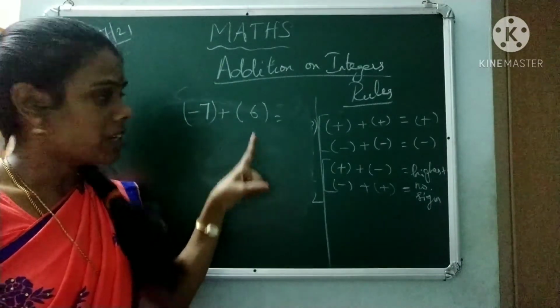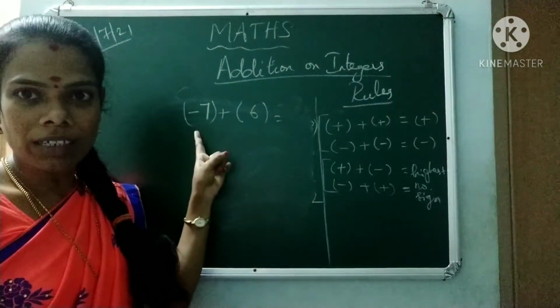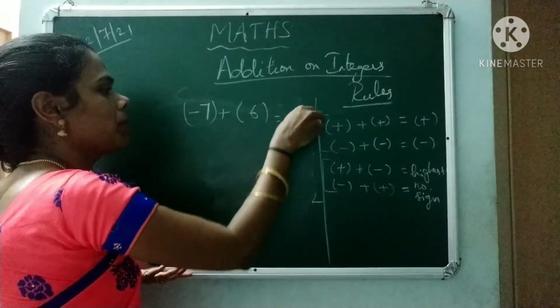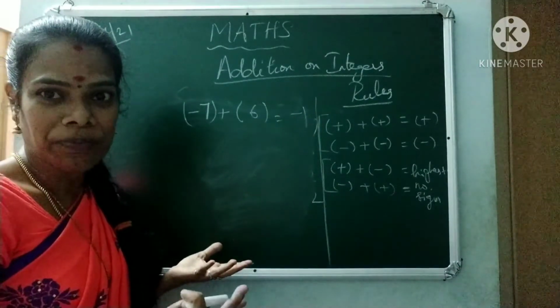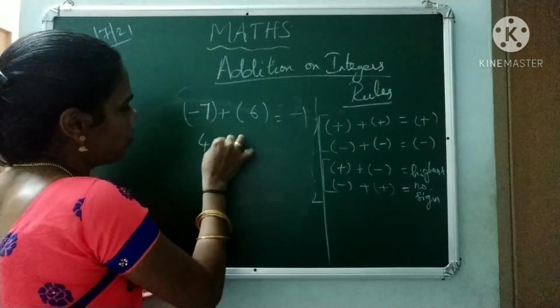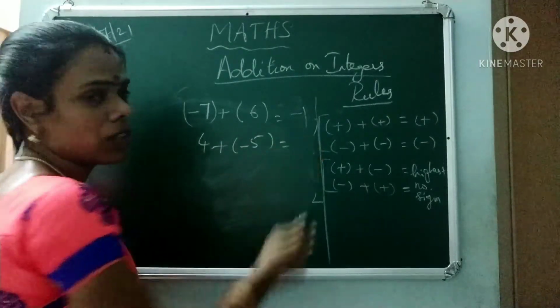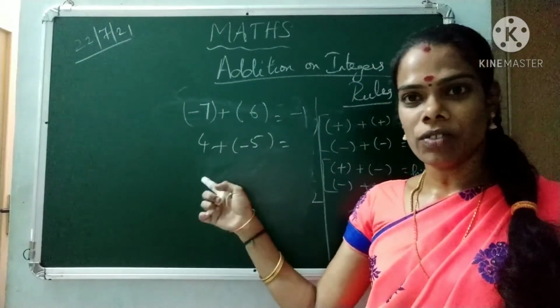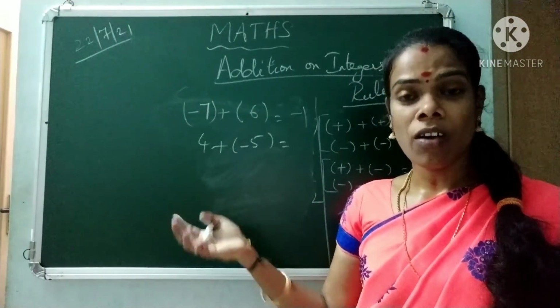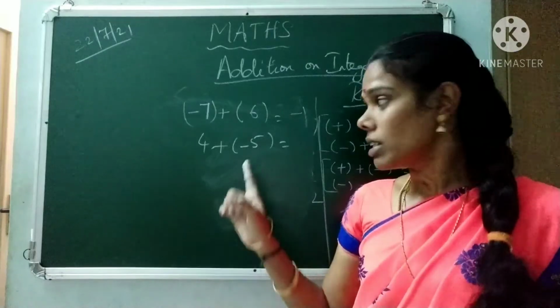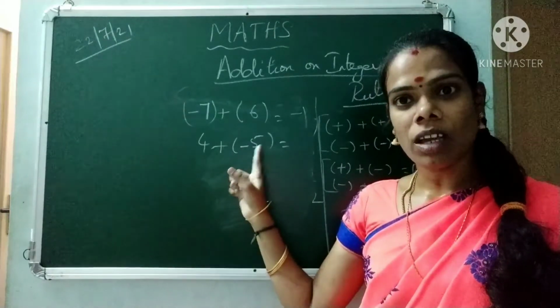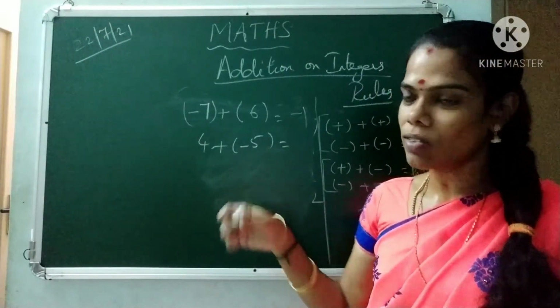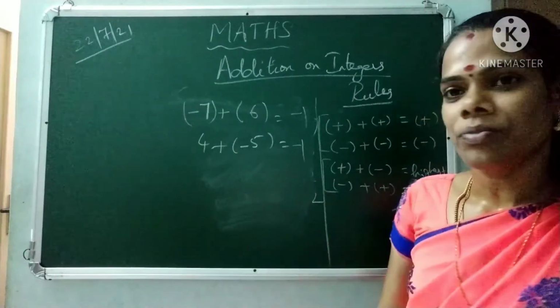Here the highest number is minus, so your answer is minus 1. Very easy. Next, if you are taking 4 plus minus 5, what is your answer? Look, they are different signs, so take subtraction: 5 minus 4 is 1. But here the highest number is 5, the sign of that 5 is minus, so your answer is also minus.